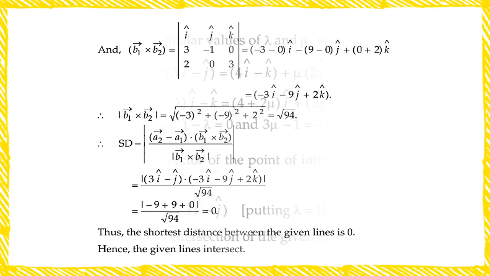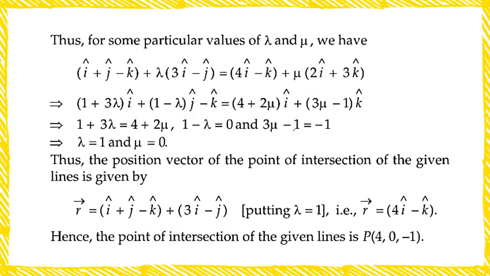And if two lines intersect, then definitely there will be a common solution. So for some particular values of lambda and mu, this is going to be true. Now compare and get the values of lambda and mu. So the position vector of the point of intersection of the given lines is R is equal to i plus j minus k cap plus 3i minus j, putting the values of lambda and mu.